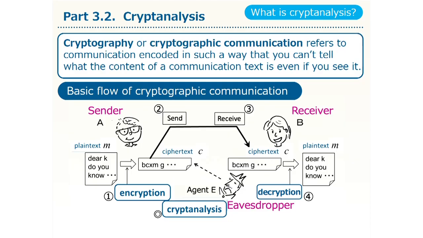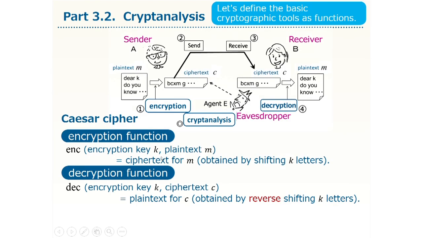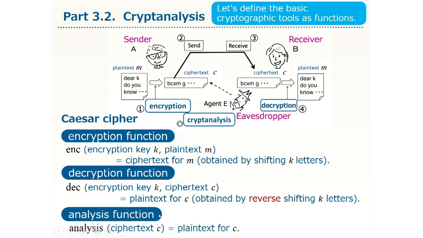Cryptanalysis is computing the original plain text based on this. Again, let us specify the task of cryptanalysis precisely as a function. This is it. This function analysis is what eavesdropper E wants to compute. Note that this value is the same as the function dec.